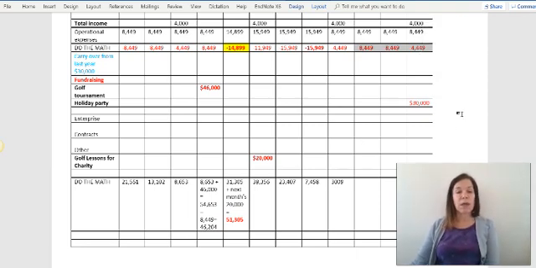So now we know that in order to do our organization, we're going to have to do more than these 3 fundraisers on top of our grants, right? We're still about $23,000 in the hole, and we're playing it pretty close.